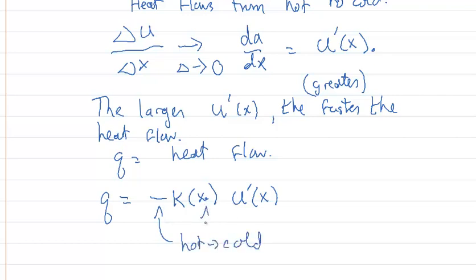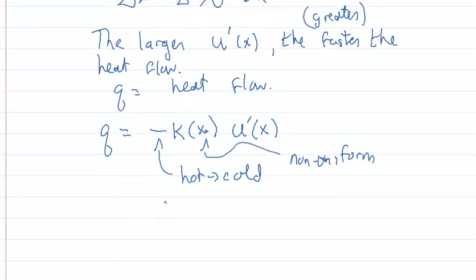And this x represents that the rod is non-uniform. And we also want kappa of x greater than or equal to 0. So in fact, I should say q of x here.